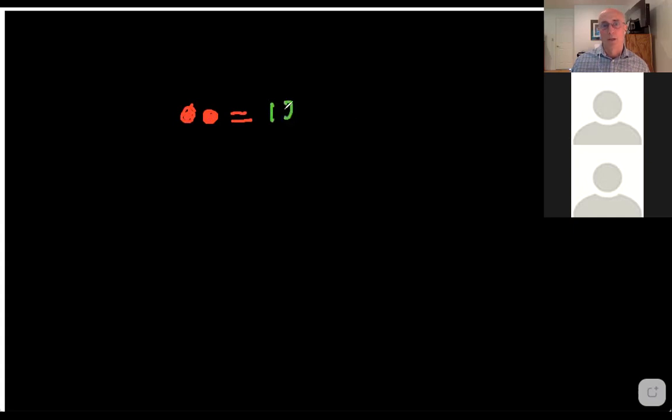Okay. And then if you had an X, like apple times X, I'm going to squeeze this X in here. Okay, this is what they call a variable.